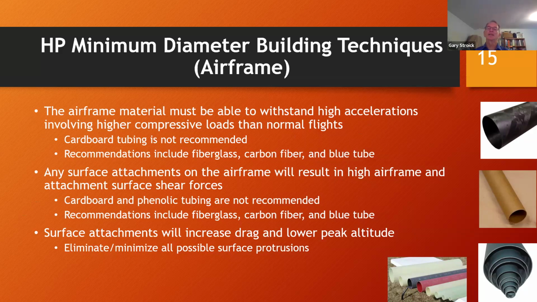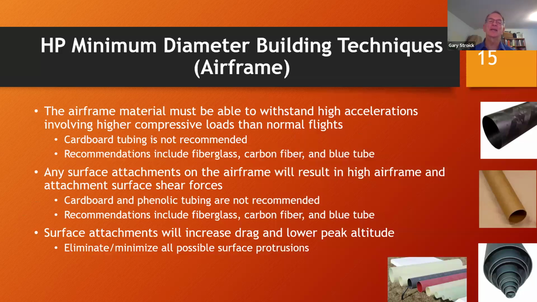The attachment on these types of materials on these airframes also are going to, as I mentioned earlier, experience more significant forces. Where you're going through the atmosphere during these flights, they can certainly be sheared off. And again, in these cases, we would be recommending tubing, and that could be, again, the fiberglass, carbon fiber, and blue tube. But again, since we're in the lowest level of high power, phenolic tubing or cardboard tubing could be used, but are generally not recommended for high power flying.